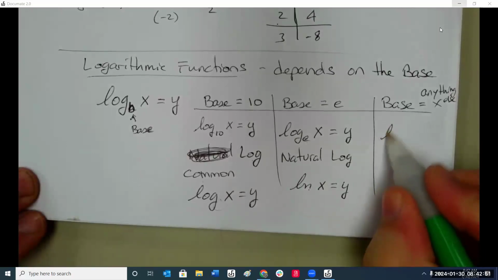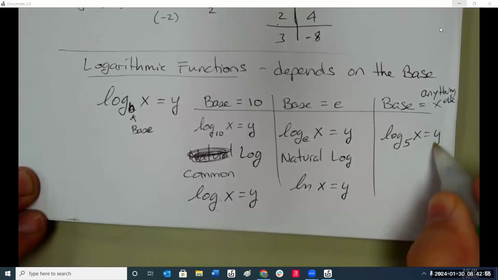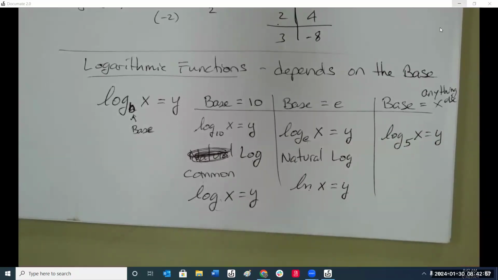And any other number has to be written there in order to be able to do it. So those are the 3 types of bases, the 3 types of logarithms. And the base tells you which system to use.